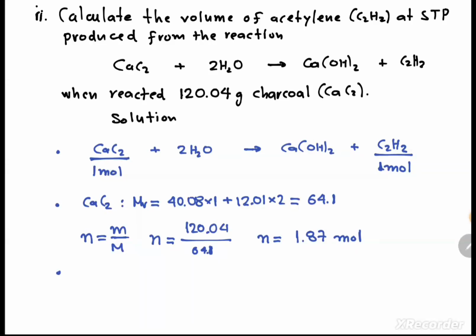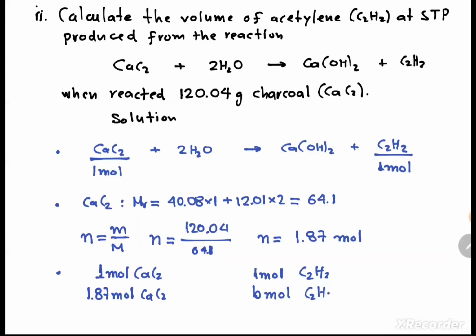So we can do the stoichiometric calculation. We have the relationship from the equation. 1 mole of charcoal produces 1 mole of acetylene, and we use the experimental mole of charcoal. We find 1.87 and gives x mole of acetylene.